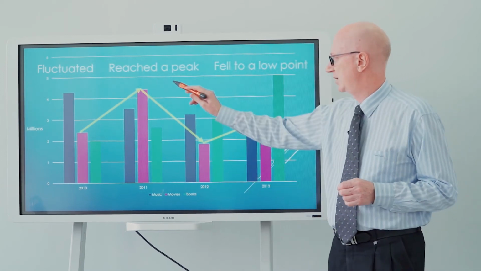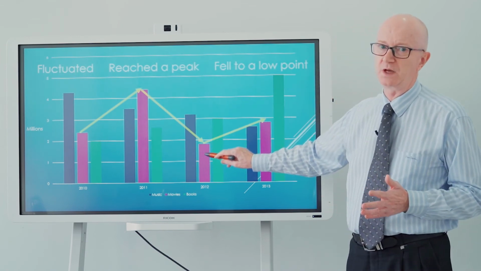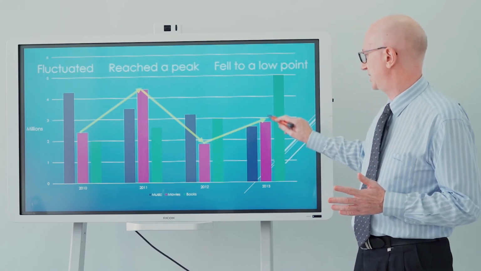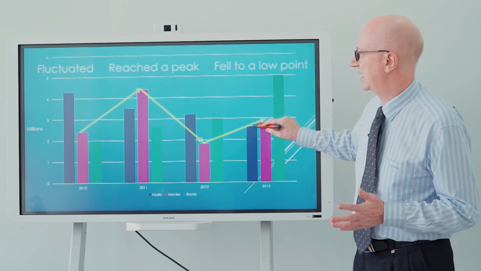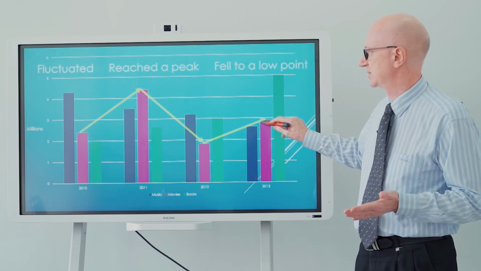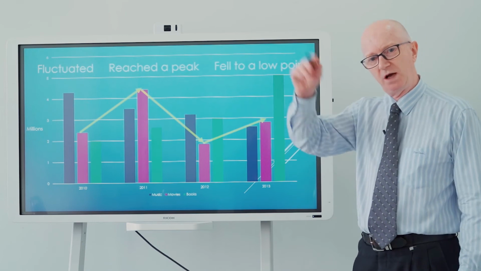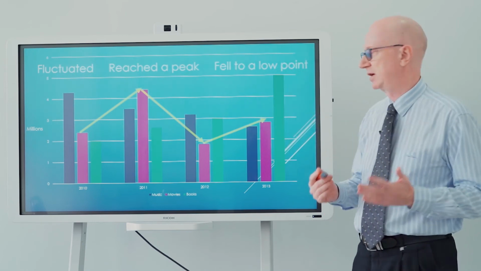In 2012, a sharp drop to about 1.8 million sales. And finally, in 2013, we're looking at about 2.8 to 2.9 million sales. So we have up and down. How do we describe this kind of trend?